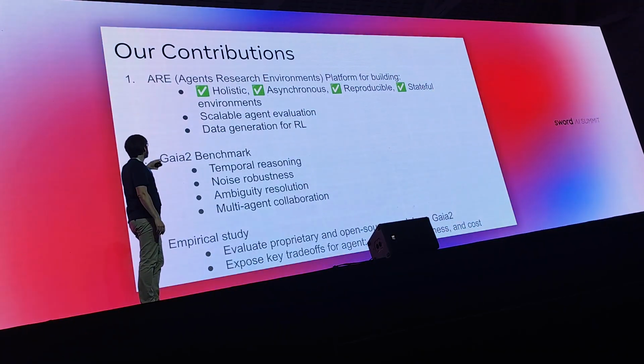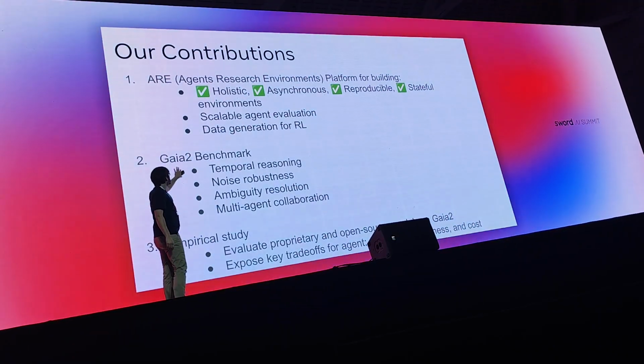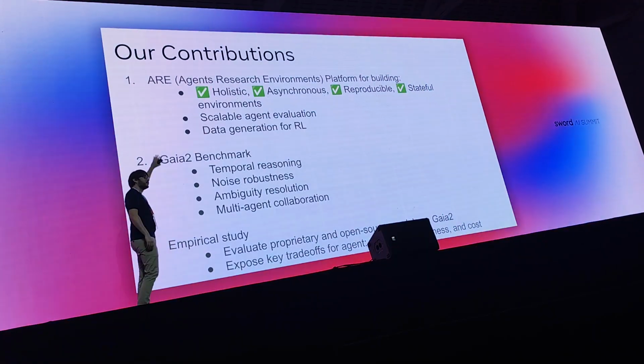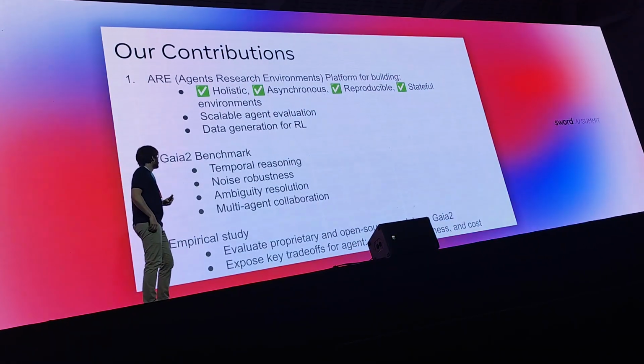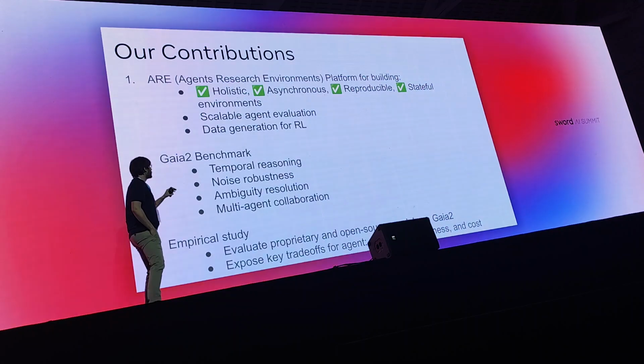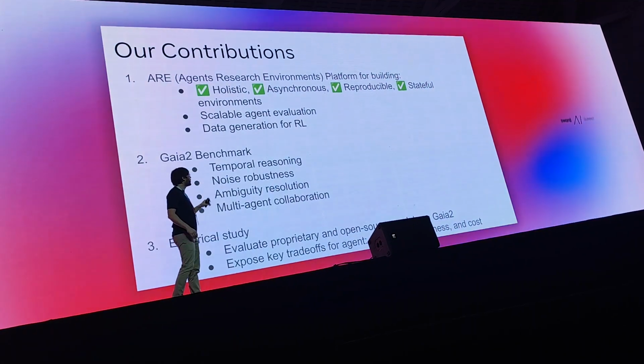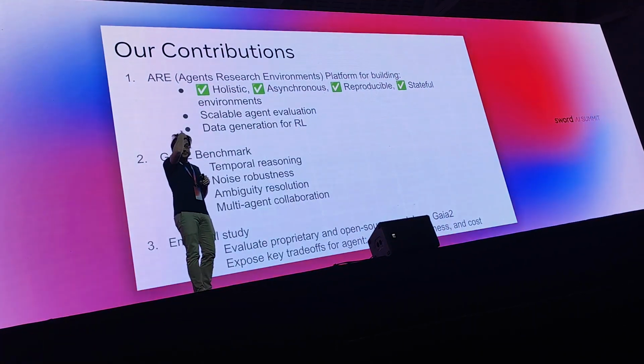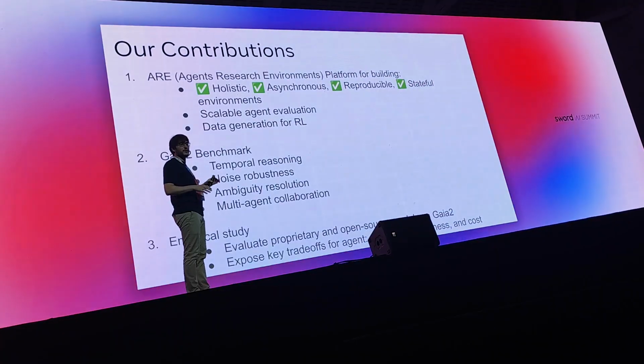We used this platform to create a new benchmark called Gaia 2. It is linked to the previous GAIA you saw before, with a focus on the temporal reasoning capability of an agent.